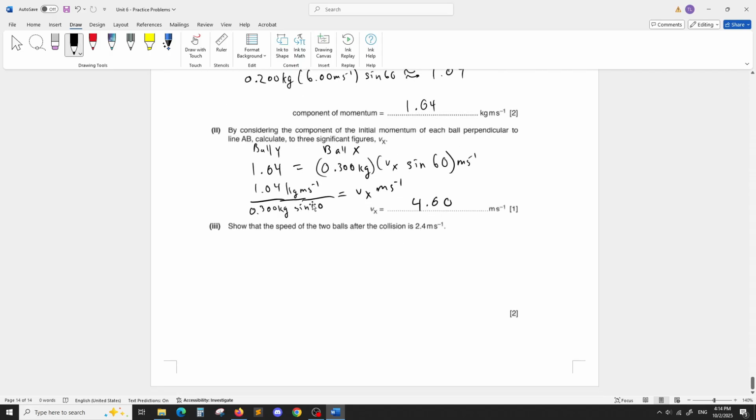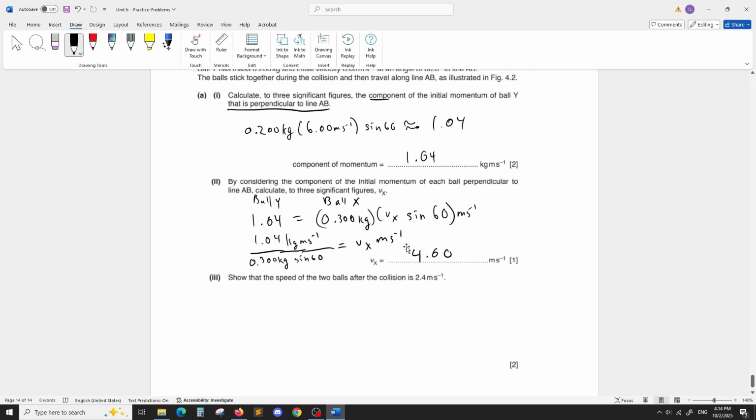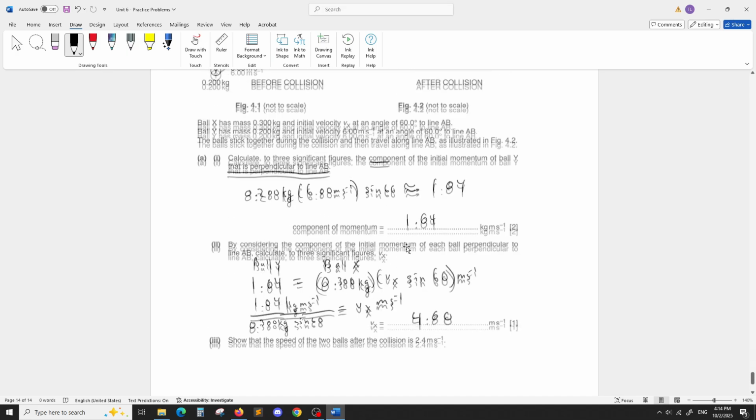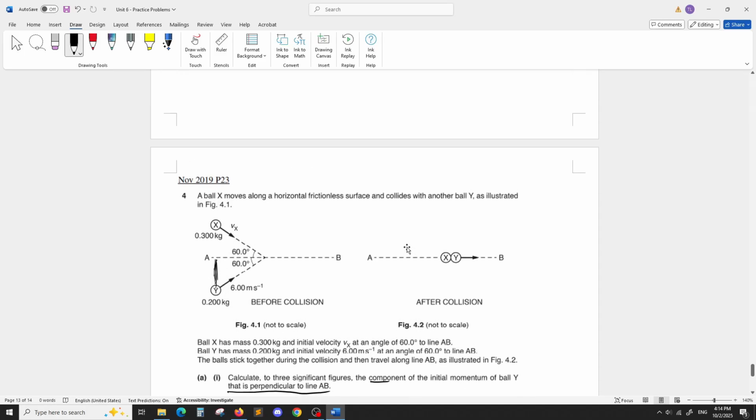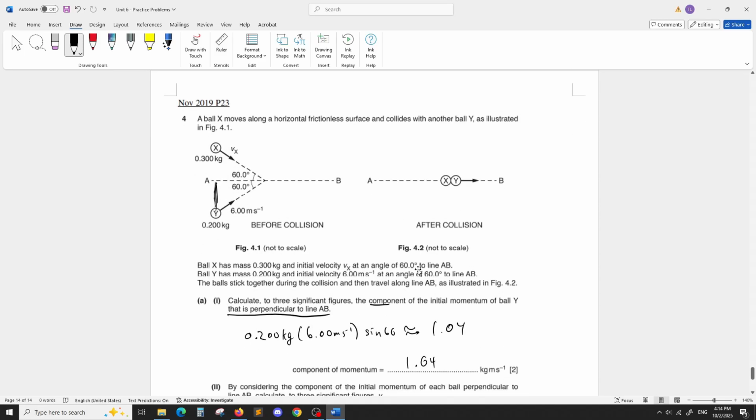Show that the speed of the two balls after the collision is 2.4 meters per second. Okay. I think there's two ways to approach this, using kinetic energy and momentum. Since it's frictionless, that means that it's elastic, I think.